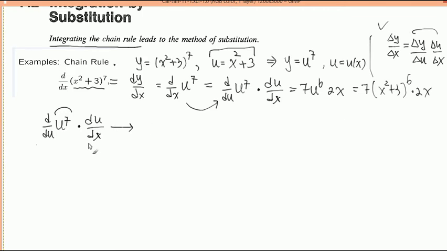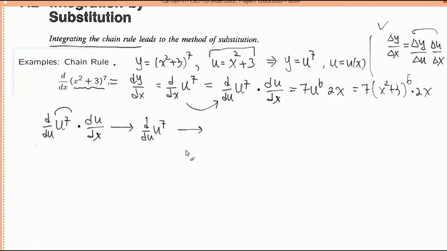So what procedure do we have to do to this thing to get to x squared plus 3 to the 7th power? First thing is that I'd like to get rid of this du dx. Get rid of that, and what do you have? du, u to the 7, right? You get rid of that and integrate this one with respect to u.